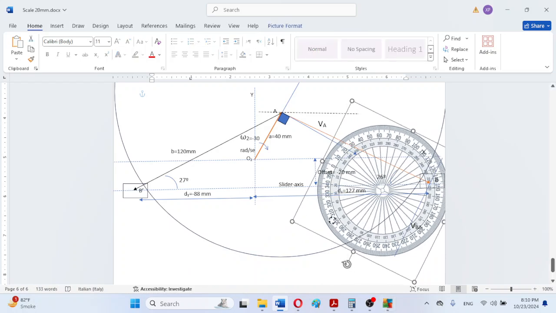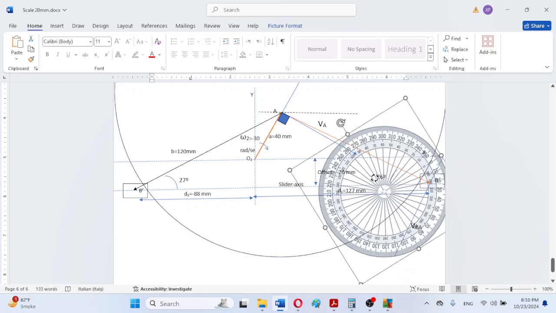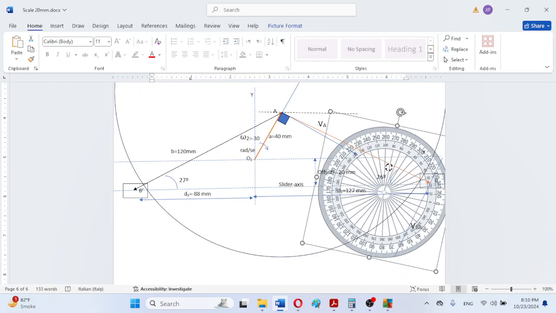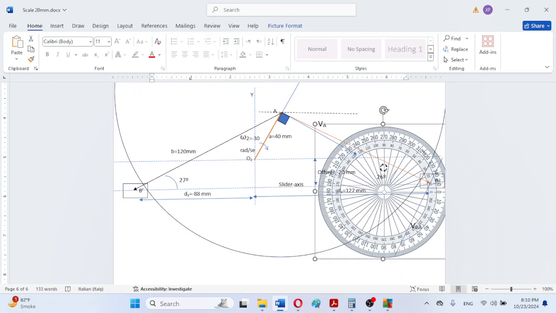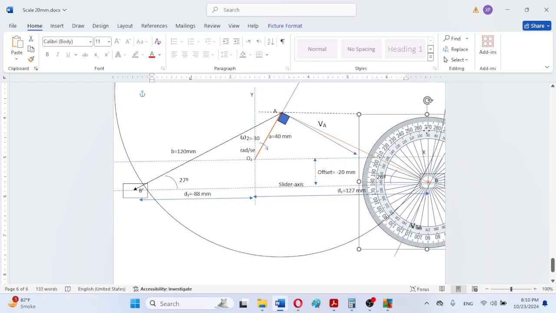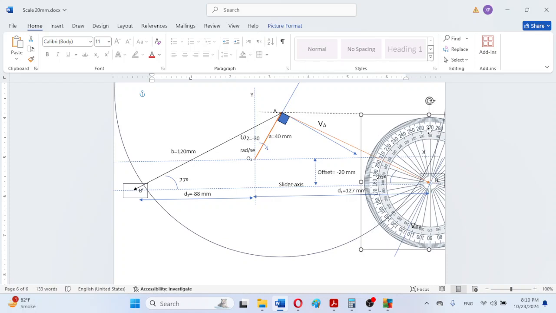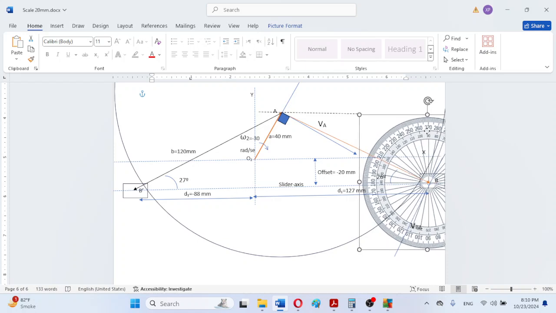We can again set the protractor in the principal orientation, 0 degrees along the x-axis. Now we place it here and try to observe approximately this angle.